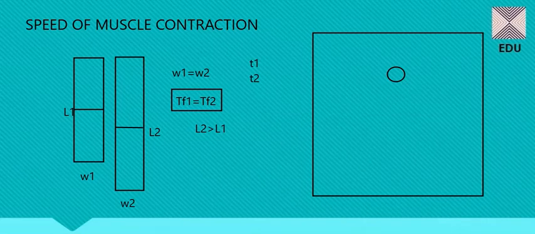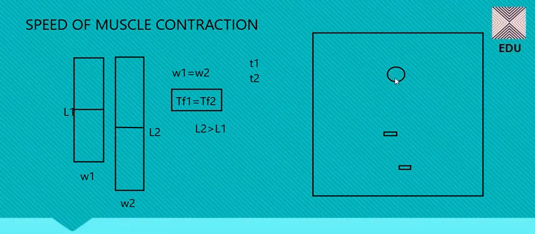One student is starting from this point and has to reach this circle in the minimum time, and another student is starting from this place, and both have to reach this particular place in the minimum time possible.